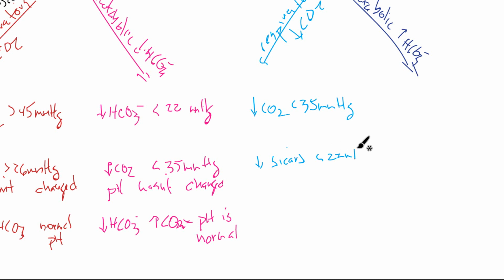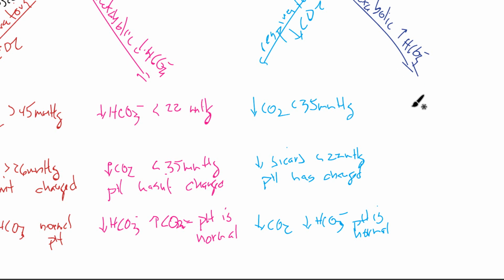But again, pH hasn't changed. How you'd get rid of that bicarb is the kidneys would get rid of it. So now if you have low CO2, and since you got rid of acid, let's get rid of base. So you've got low bicarb, but now pH is normal. That's compensated.